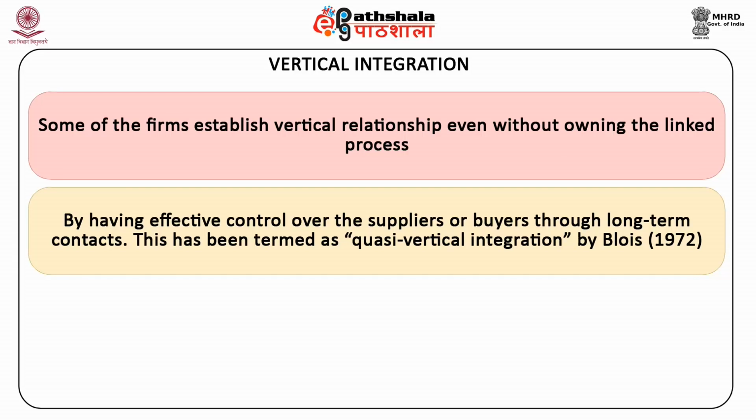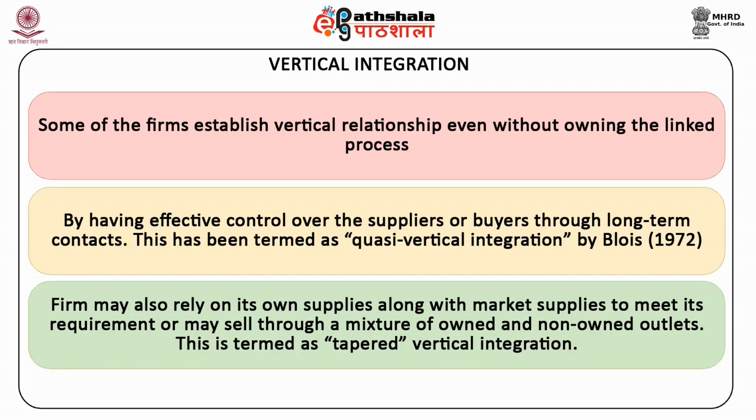This has been termed as quasi-vertical integration by Blois in 1972. A firm may also rely on its own supplies along with market supplies to meet its requirements or may sell through a mixture of owned and non-owned outlets. This is termed as tapered vertical integration.